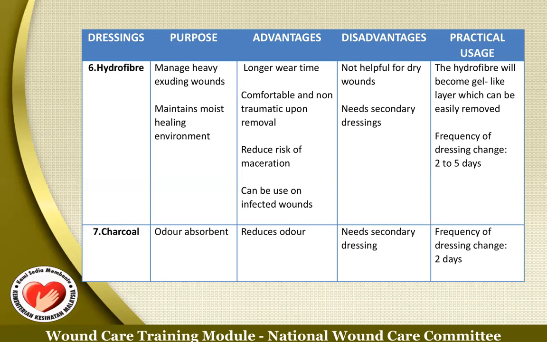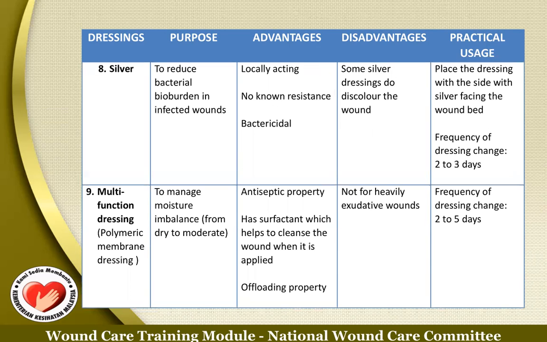Hydrofiber will become a gel-like layer which can be easily removed and cleansed during the next dressing. Usually we change 2 to 5 days. An example is Aquacel. Charcoal dressings are odor absorbent, reduce odor, and need a secondary dressing. Usually we change every 2 days.